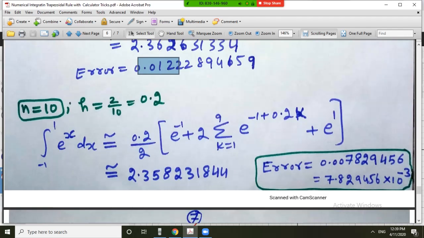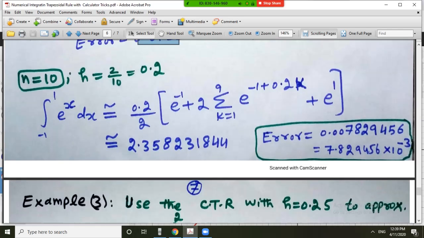For n equal to 10, h is equal to 0.2, and the error is now 0.007. So this means that by using composite trapezoidal rule, we can reduce the error and we can have best accurate results. As we increase the value of n, we get the most accurate results.